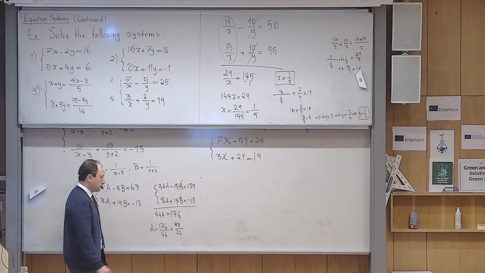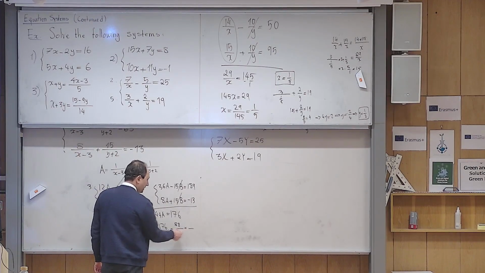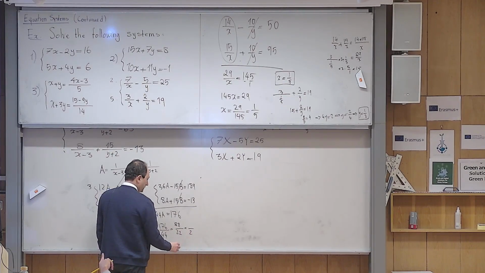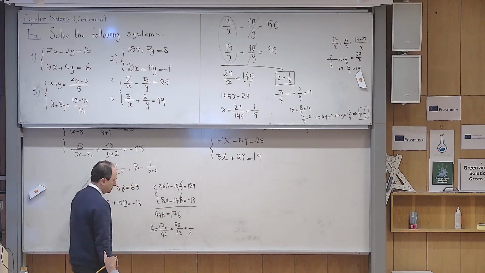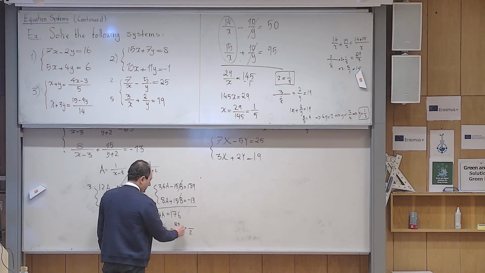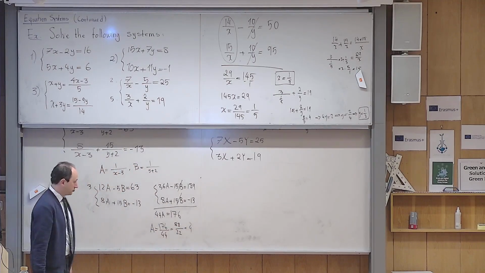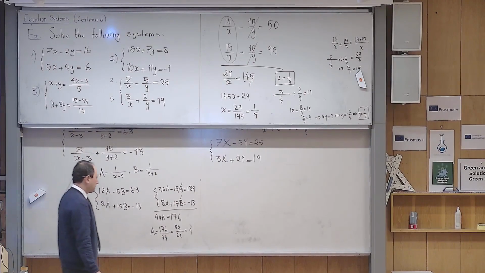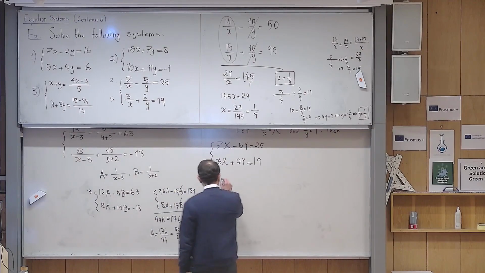And then you divide by 2 once more, or by 11. It's clear. And then this becomes 88 over 22, so a is 4.